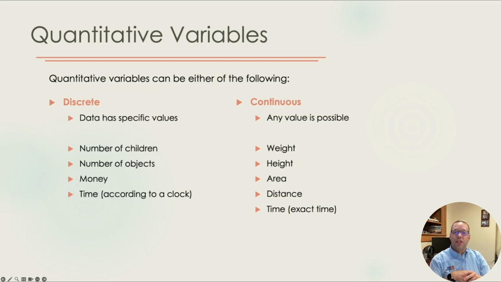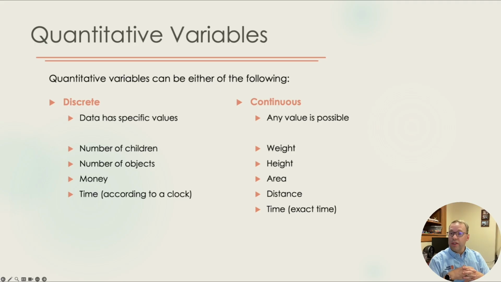Okay? So any number really is possible. Perhaps with this time example, you're going to see this most often in, say, a science lab, a physics or a chemistry lab. If you're timing a reaction or timing an event, how long will it take for this event to happen? It could be any time. You can have decimals that go on forever.